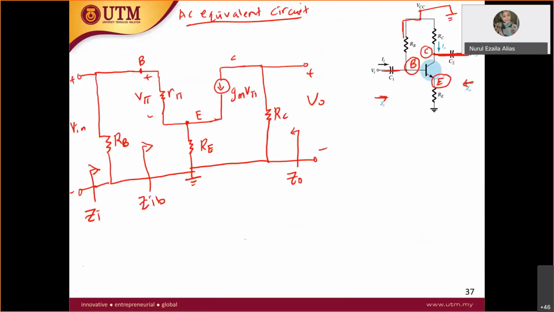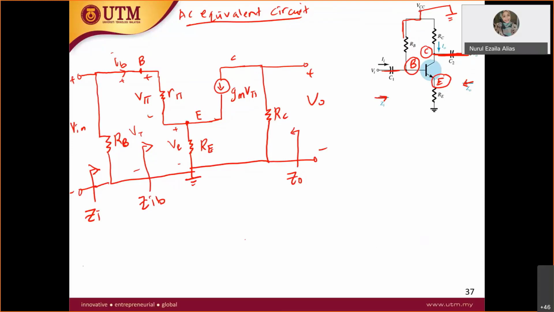So let's take a look here. We have Z in, and this is your IB. Let's say this is V in or V total; V in and V total are the same. From this point to the ground we have your VE, if you still remember.